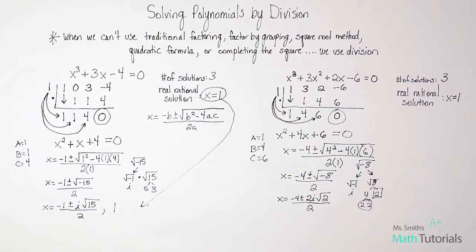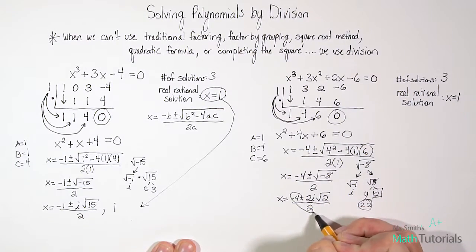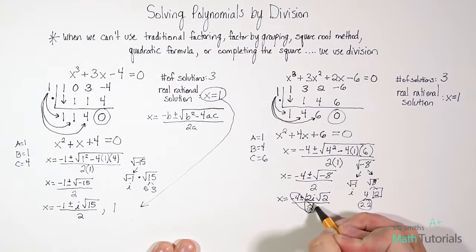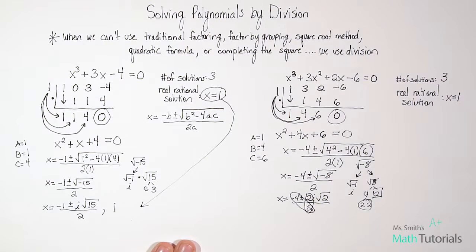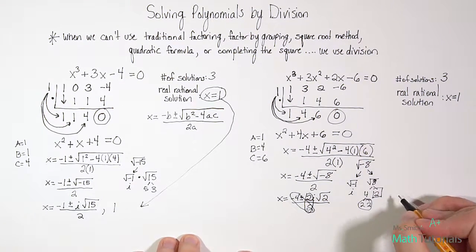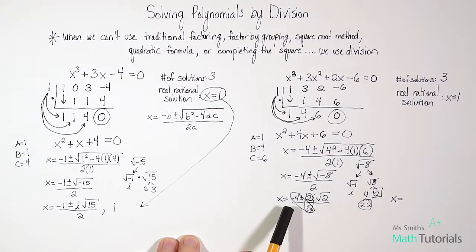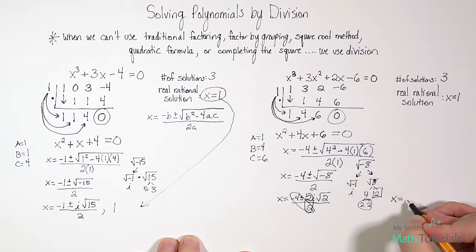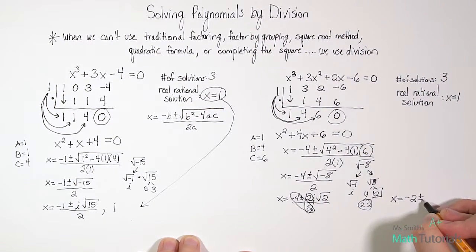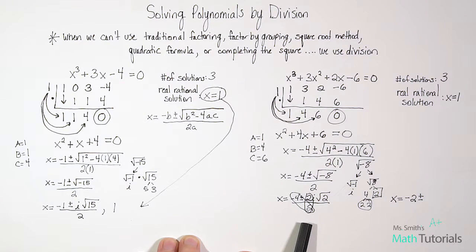Our final step will be to check, can we reduce this negative 4 over 2 and this 2 over 2? And we can reduce both of those. So you would want to do it. So I'm going to write our final answer over here as far as simplifying this. So we have x equals negative 4 divided by 2. Well, that would be negative 2. Then we have our plus or minus. 2 divided by 2 would be 1.